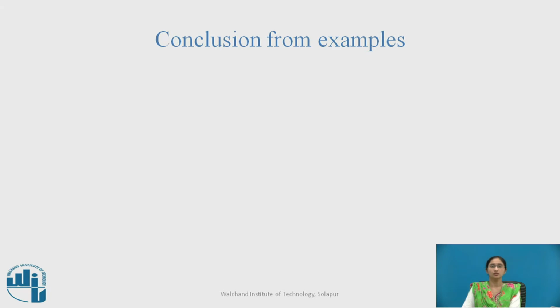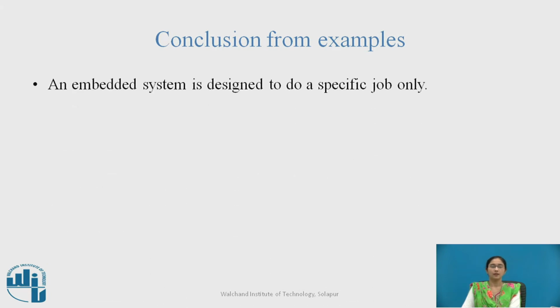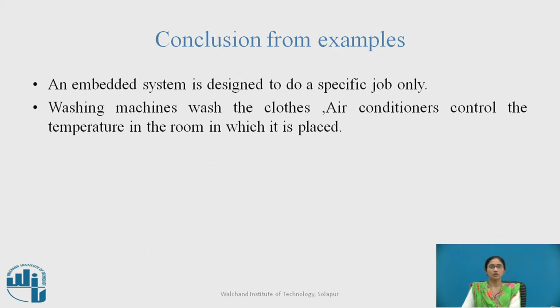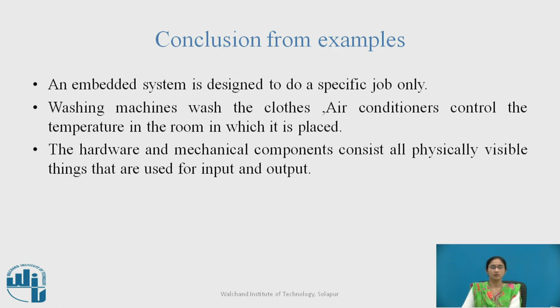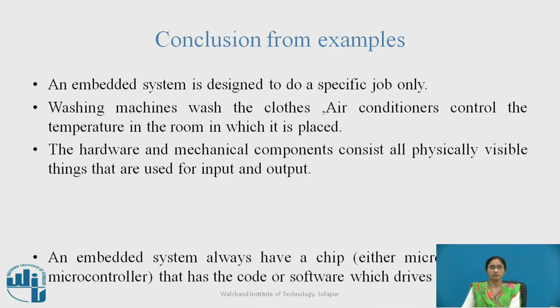Conclusion from the two examples. An embedded system is designed to do a specific job only. Washing machines wash the clothes. Air conditioners control the temperature in the room in which it is placed. The hardware and mechanical components consist of all physically visible things that are used for input and output.